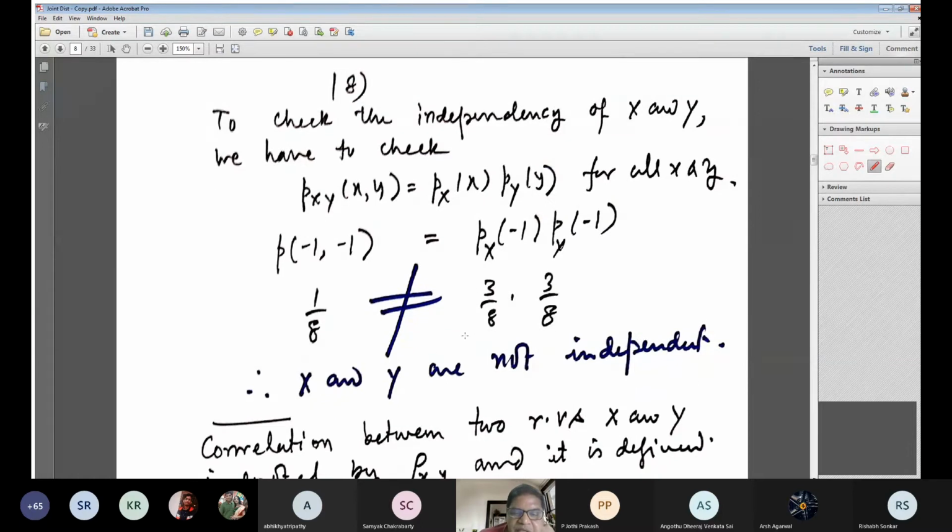So in this case, even though covariance is 0, x and y are not independent. In general, you cannot say that if the covariance is 0, then x and y are independent. However, if x and y are independent, the covariance will definitely be 0.